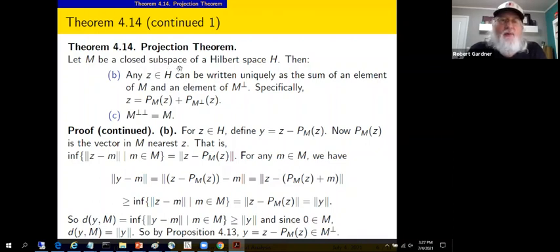Zero vector is in M, right? It's a subspace. It's a vector space itself, so it contains a zero vector. We did a similar argument in the previous proof dealing with closure under scalar multiplication. But here we're taking advantage of the fact that M is a subspace.